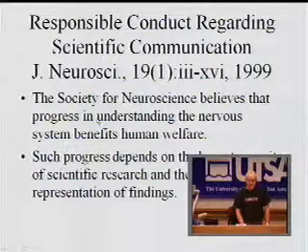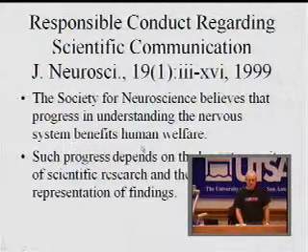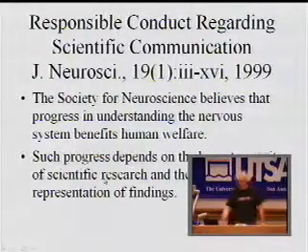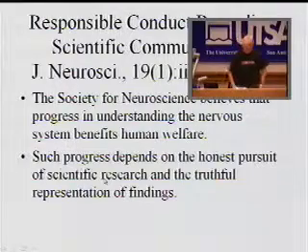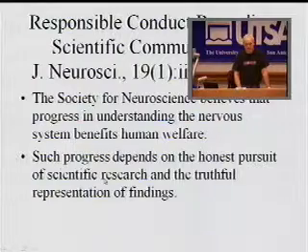So the Society for Neuroscience states its premises that the progress in understanding the nervous system benefits human welfare. So can't argue that. Nice global goal as a source of generating objectives for a professional research society.